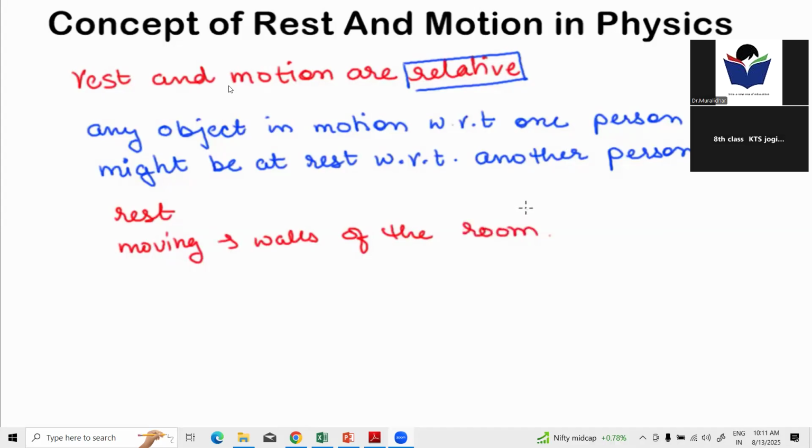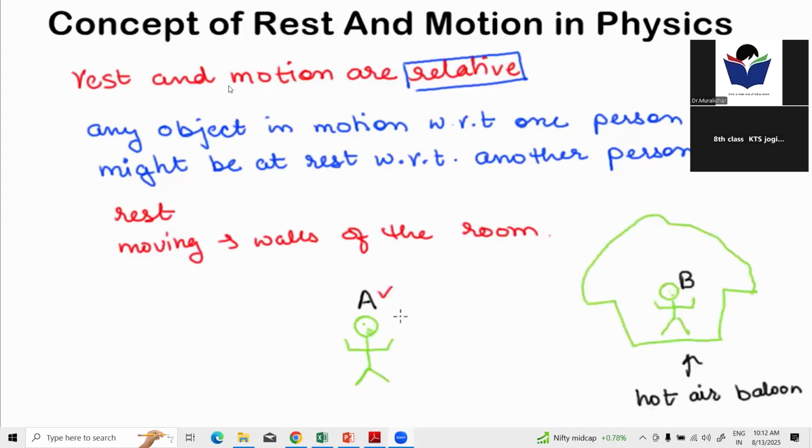To get more clarity on this statement, let us take a case of a person observing another person inside a hot air balloon. For a person A who is observing another person B in a hot air balloon from the ground, the person B is in motion with respect to him or the ground. Now, this same person B is at rest with respect to the hot air balloon, or another person, say person C, sitting beside him in the hot air balloon.